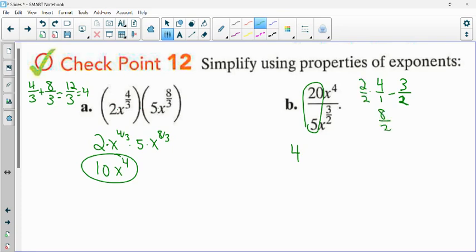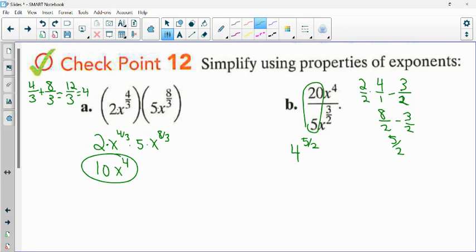We get 8 halves minus 3 halves, which would give us, Elliot, what would it give us? Give us 5 over 2, yes. So 4 to the 5 halves.